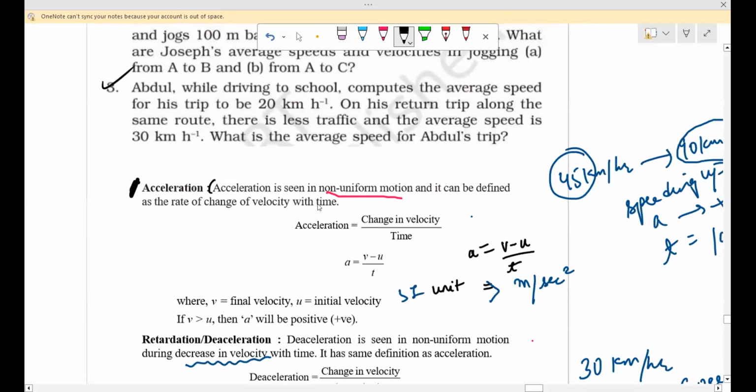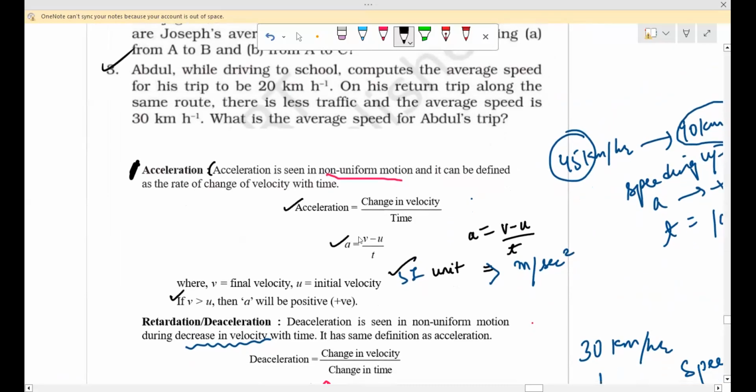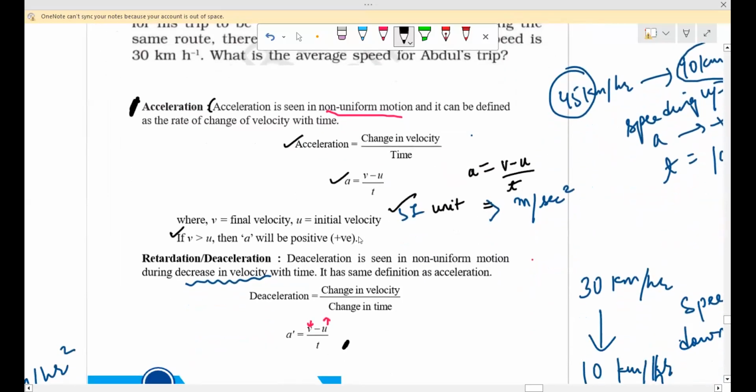First, we're gonna learn about acceleration, its formula, its unit and this point. Then we're gonna study about deceleration. Write this, then I'll start with the explanation. Understood all the numericals till yet and all the formulas? Yes, ma'am.